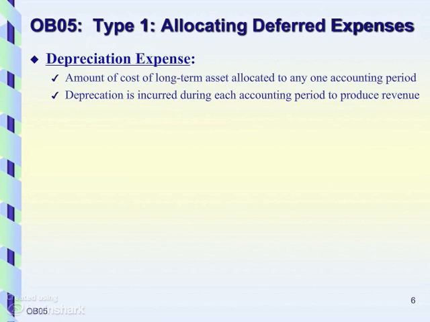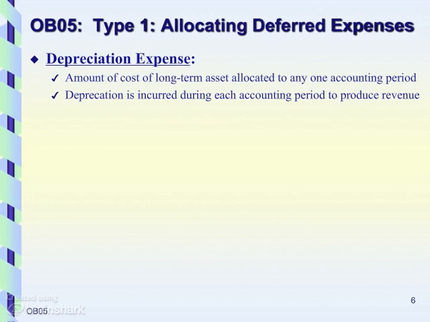Let's look at a few definitions to help us understand this depreciation concept a little bit more. Depreciation expense is incurred in each accounting period to help show how a long-term asset was used up during that accounting period in which it helped to generate revenues for that business.